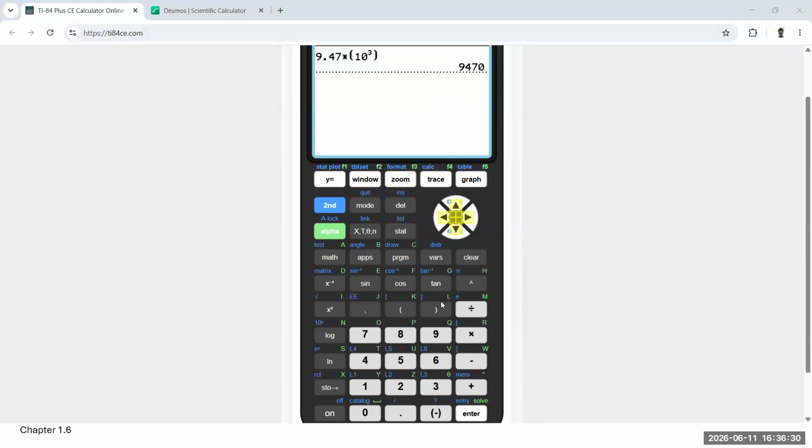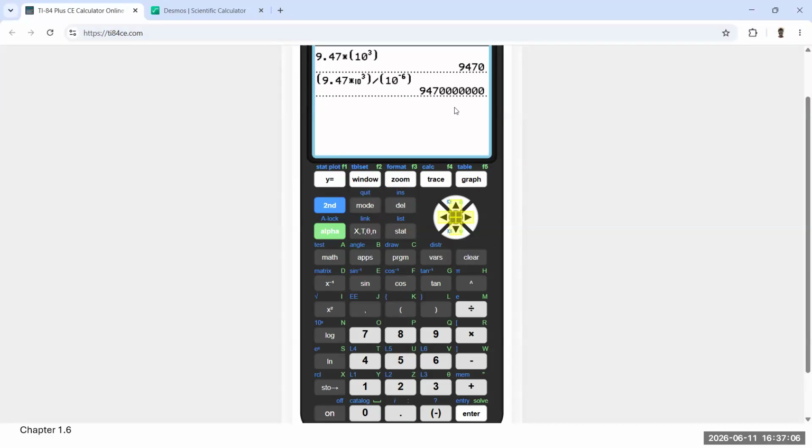All right, so then let's do this second one. 9.47 times 10 to the third, brackets, divided by, and I'm just going to put this in brackets because I suggested it, and I'm going to keep it consistent, 10 to the negative 6th. I'll do the arrow, parentheses, and then hit enter.